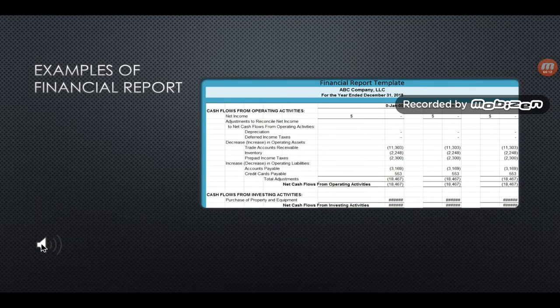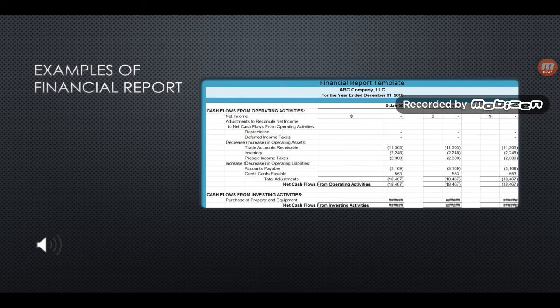It also shows the assets, such as trading accounts receivable, inventory, prepaid income taxes, cash, and equipment. And it shows the liabilities within a company, such as accounts payable, credit cards payable, and wages payable, to name a few, and whether there are more assets than liabilities in the company.